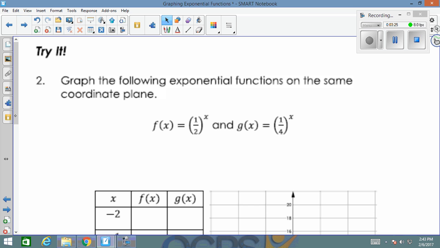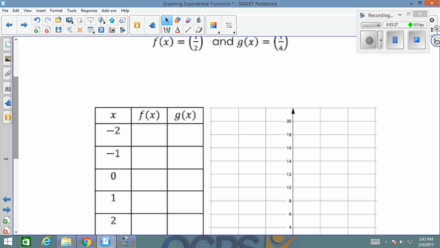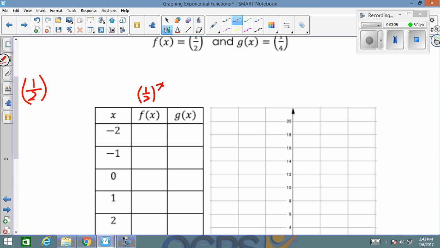This time it's going to be 1/2 to the x. So 1/2 to the negative second is the same as 1 over 1/2 squared. When you do that, 1/2 squared would be 1/4, so it's 1 over 1/4, which changes to a 4 over 1, giving you an outcome of 4.